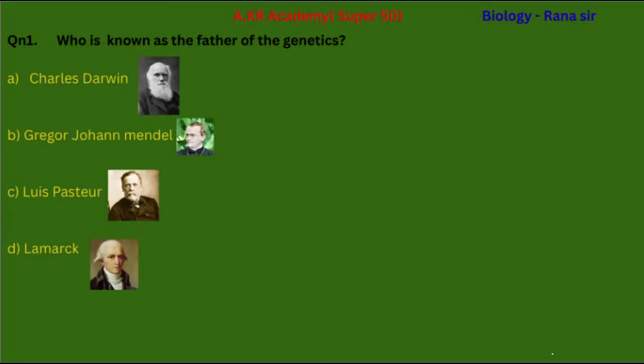First, George John Mendel. He is the discoverer of the basic principle of heredity. His experiments were on pea plants.